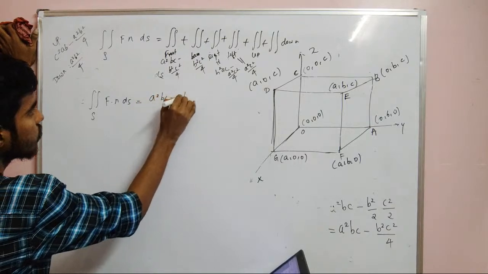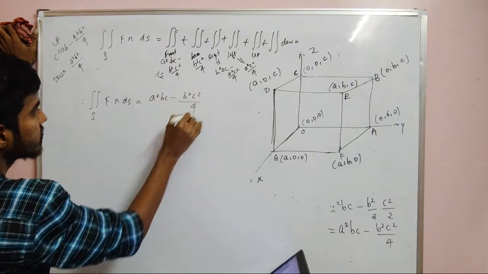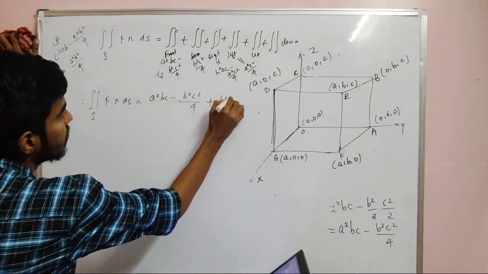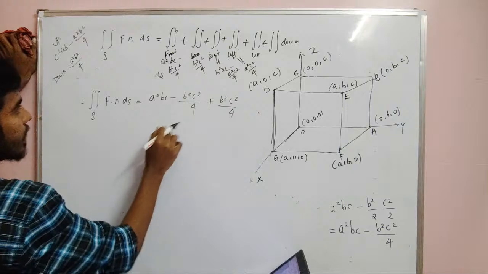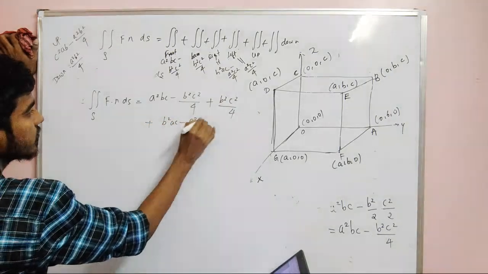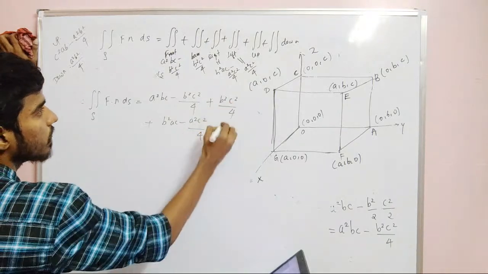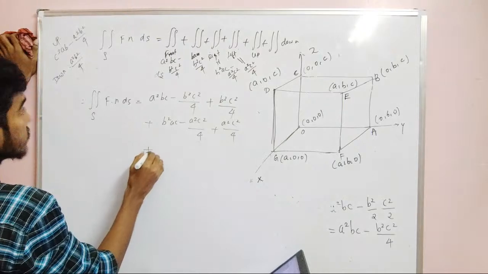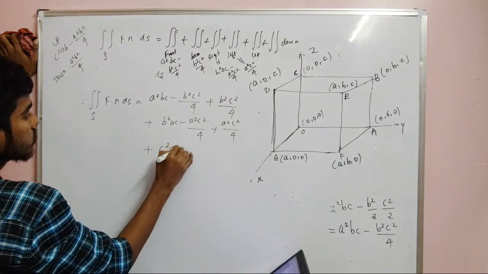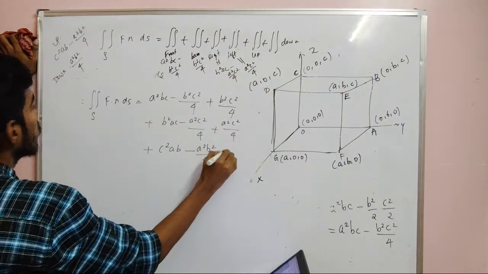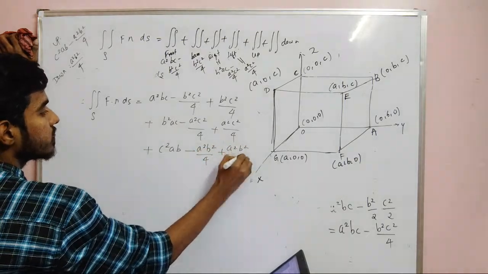So we have a square bc minus b square c square by 4, this is front side, plus b square c square by 4, this is right and back side, plus right side is b square ac minus a square c square by 4, plus the left hand side is a square c square by 4, plus the upper c square ab minus a square b square by 4, and down is a square b square by 4.